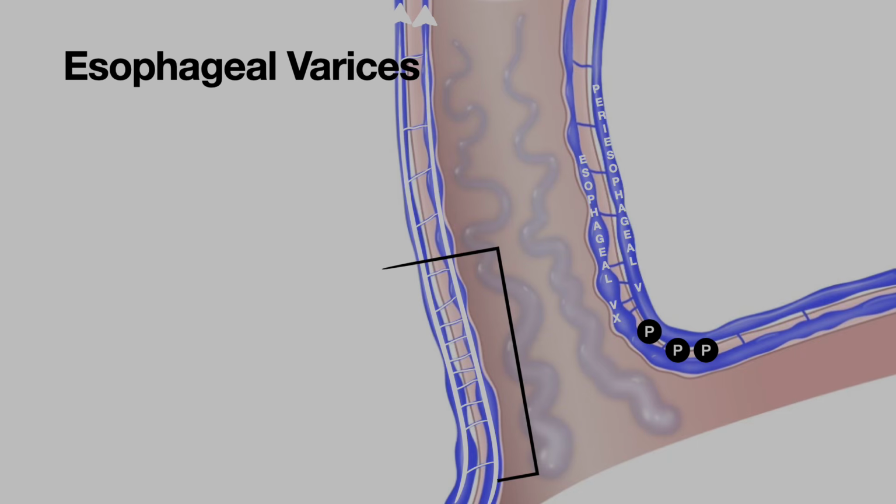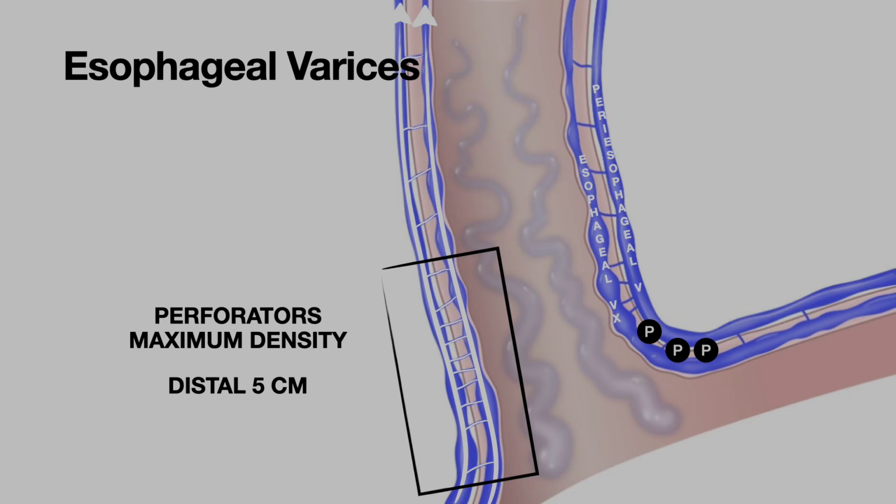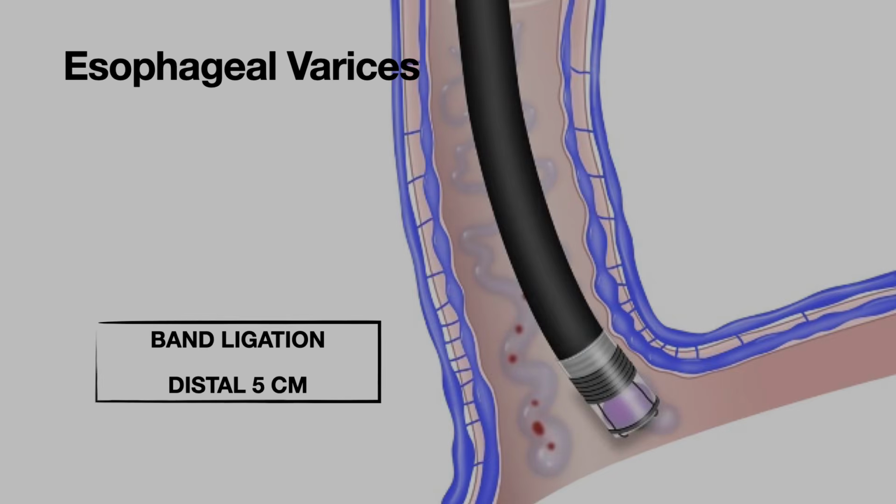When you look at it, the perforator veins are maximum in the last, or distal, 5 centimeters of the esophagus. If you get rid of those perforator veins, the maximum density, you are going to be very effective in eradicating varices. That's why you start your banding close to the GE junction, in the last distal 5 centimeters of the esophagus. That's the basis.